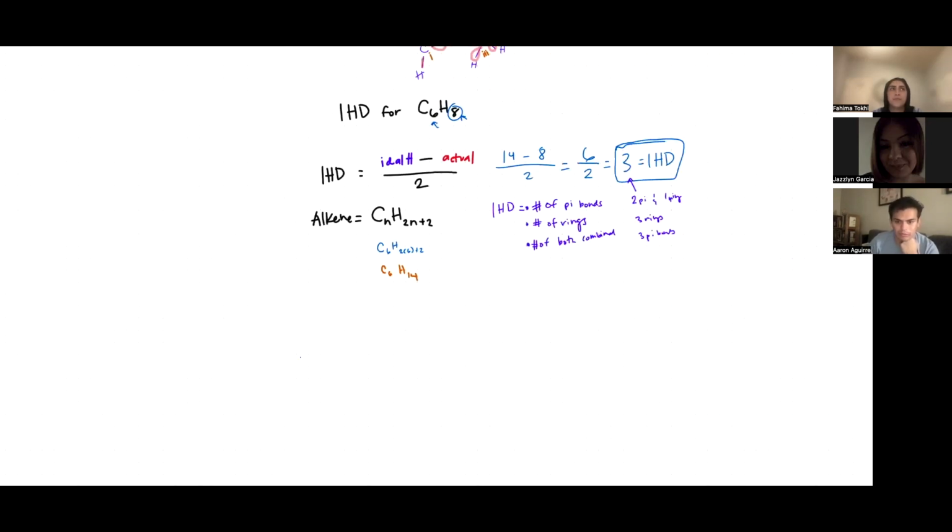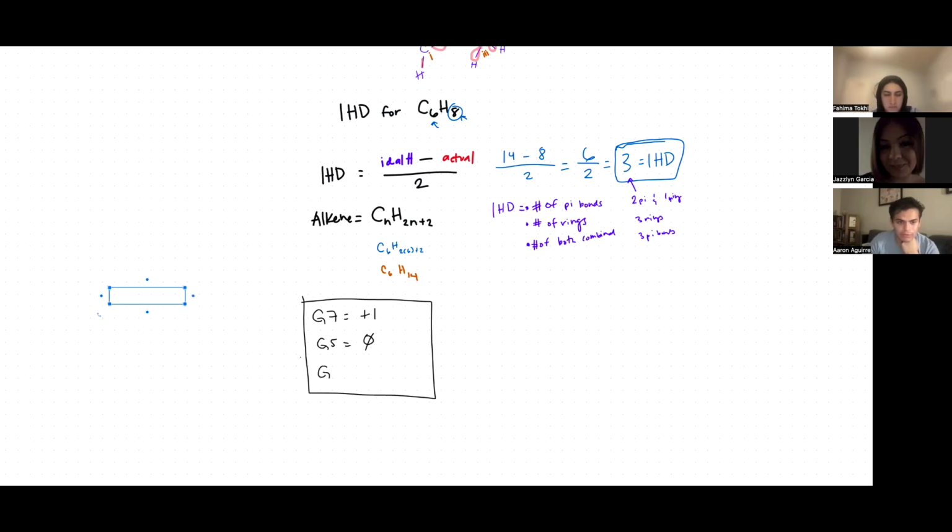Here I can write: group 7 plus 1, group 6, group 5 equals minus 1. Let me double check I have that right. 7 plus 1, 5 minus 1. Yep, like that. So this is our group elements.